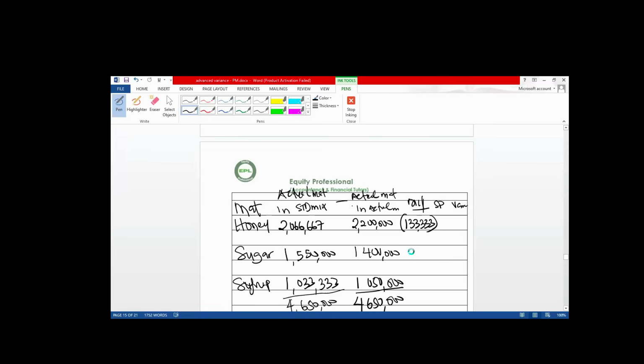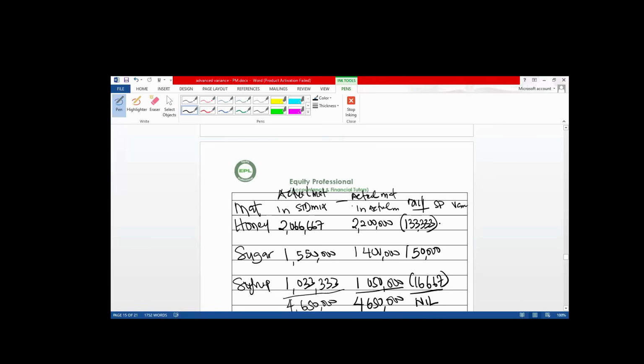Here I have 150,000. Last one, 1,033,333 minus 1,050,000. Here I have negative 16,667. At the end of the day, this must give you nil. If you don't have 0, that means there's an error.